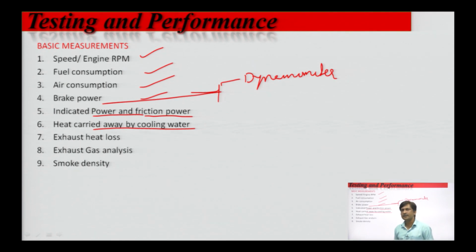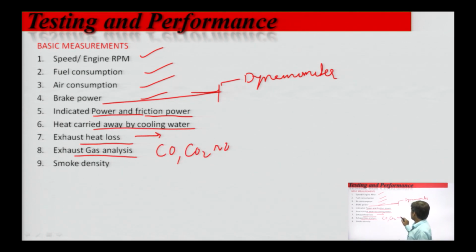And in exhaust gas analysis, a high amount of heat is carried away into the surroundings with the exhaust gases, and we analyze CO, CO2, NOx, and sulfur dioxide. And smoke density means the opacity of the fumes formed.